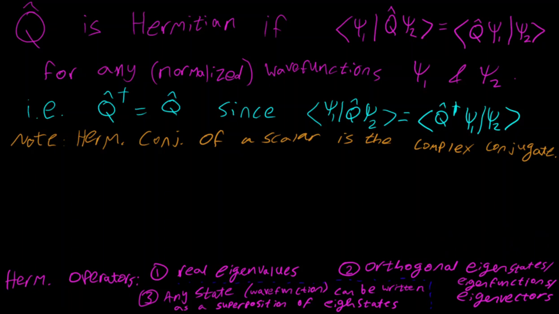The other one is that any state, or any wave function, can be written as a superposition of eigenstates, which is really important. Because if, say, we have a basis of all the possible momentum states, we have to be able to construct the state of the particle as some superposition of having this momentum and this momentum and this momentum.